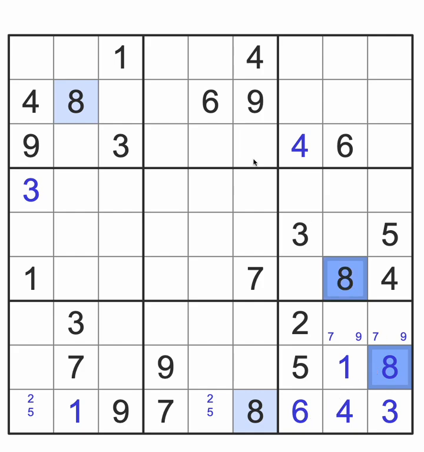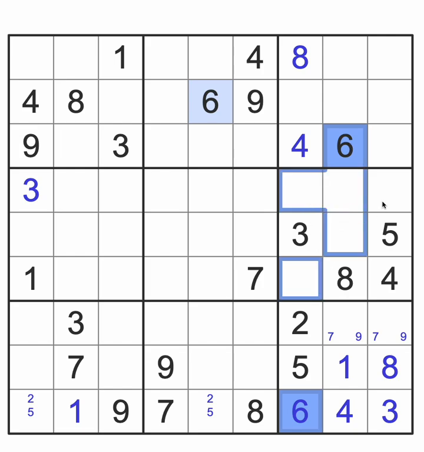And 8, 8, and 8 block these, gives me 8 here. And here's 6, here's 6. So these cannot be 6 in box 6. Makes this cell 6.